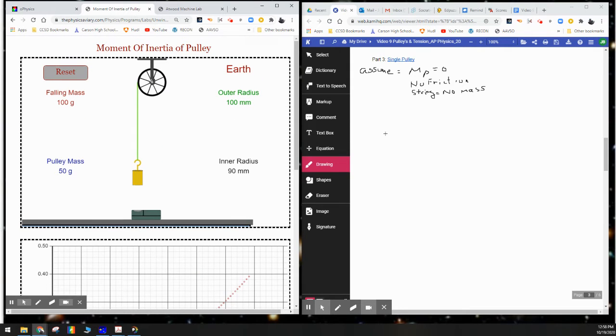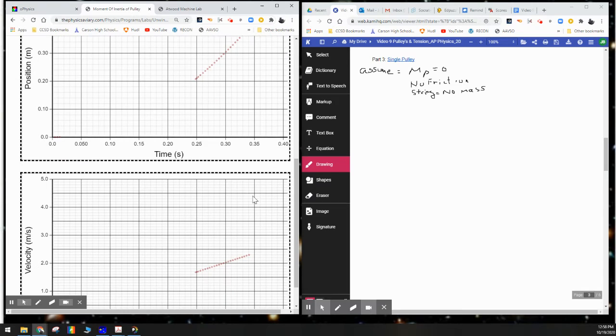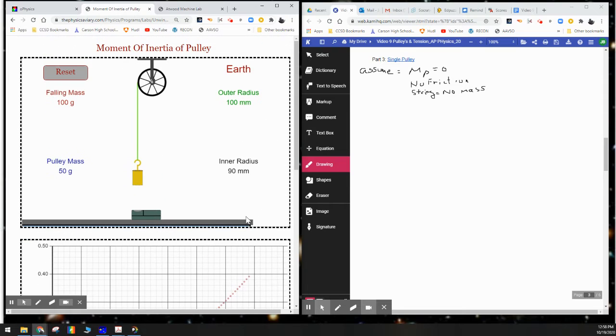So let's figure out how we calculate this theoretically. Let me go up here and draw a little pulley. Here's a pulley, and we have some string right here. It has some mass, and there's some tension acting in this direction.